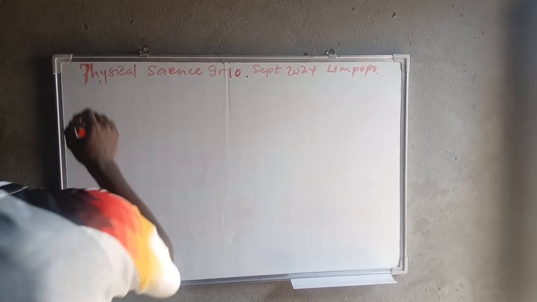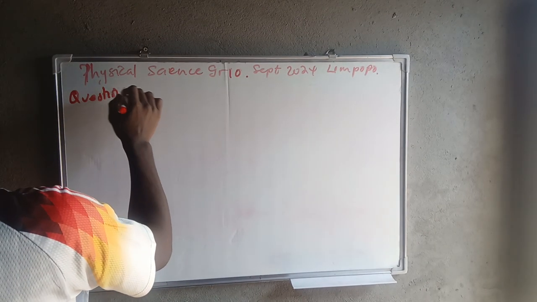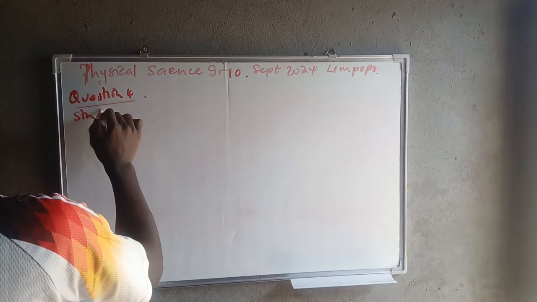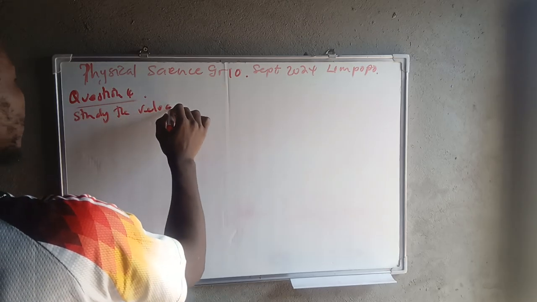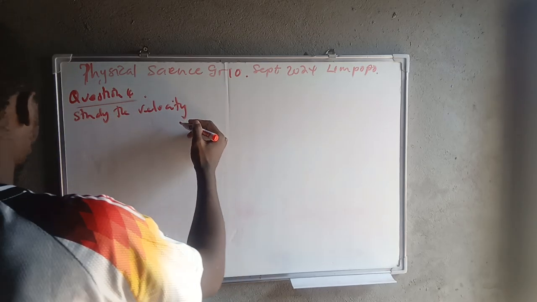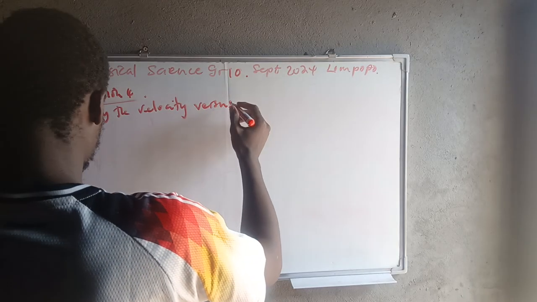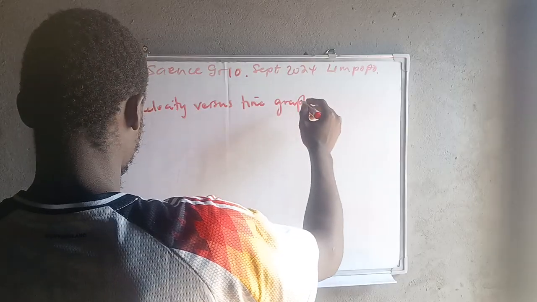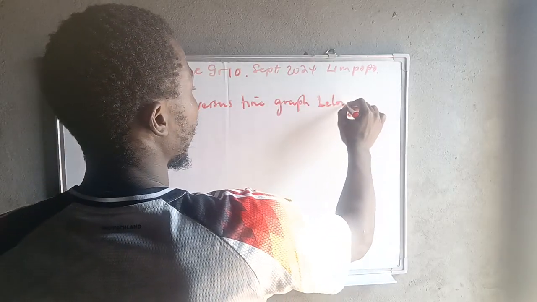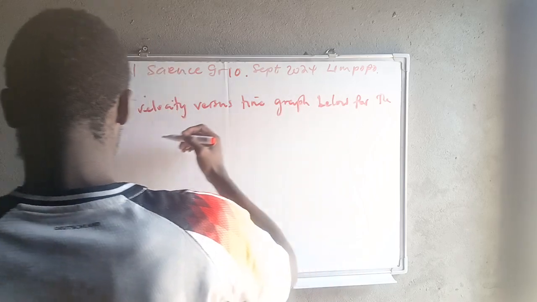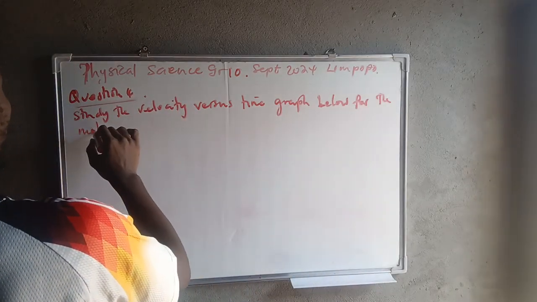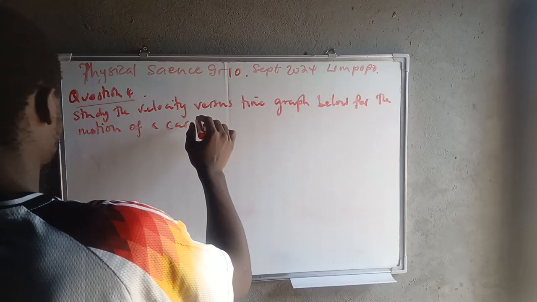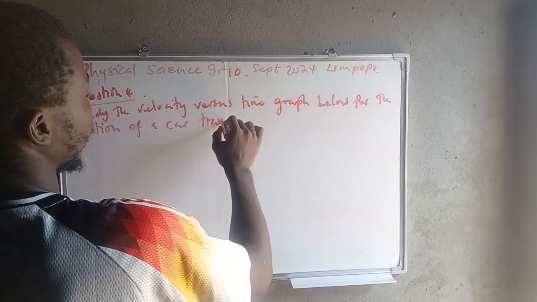So now we are on question 4. It says study the velocity versus time graph below for the motion of a car traveling east.